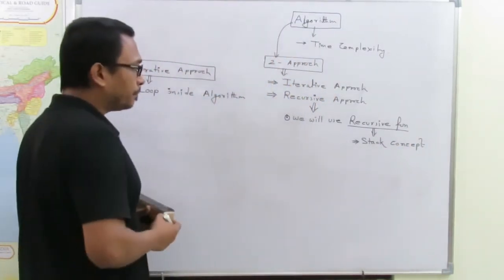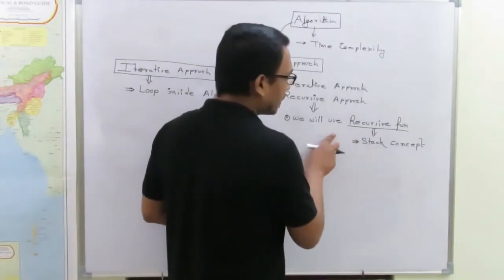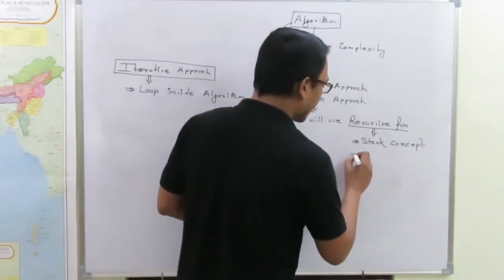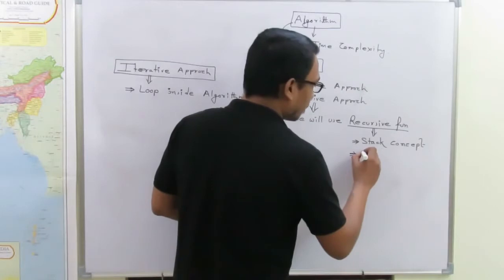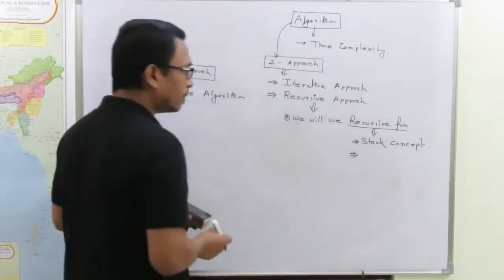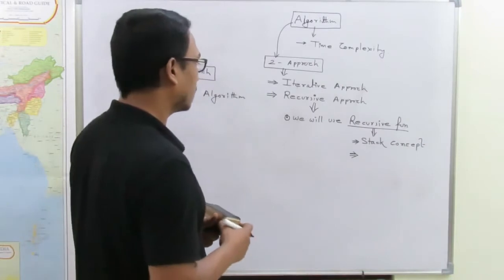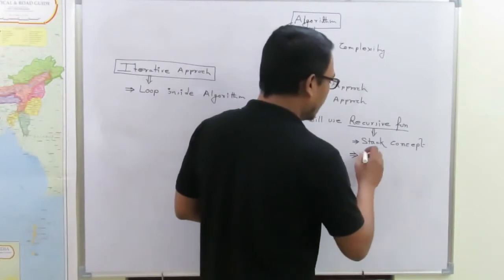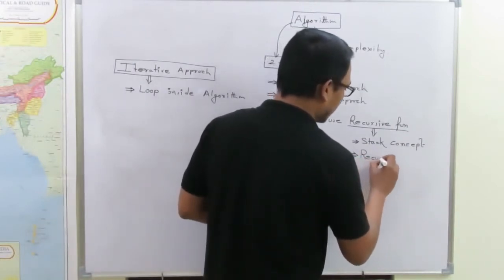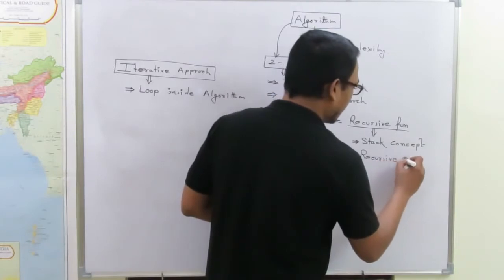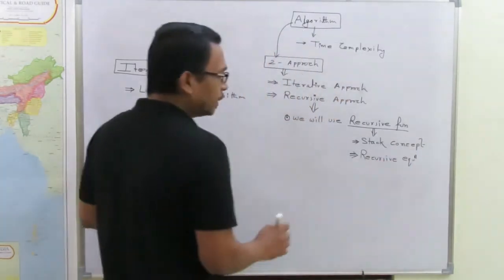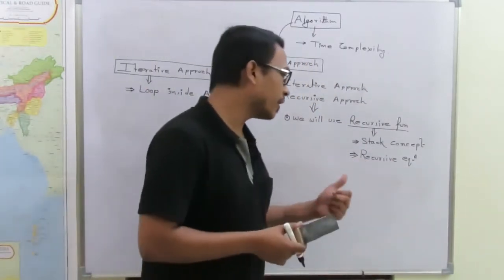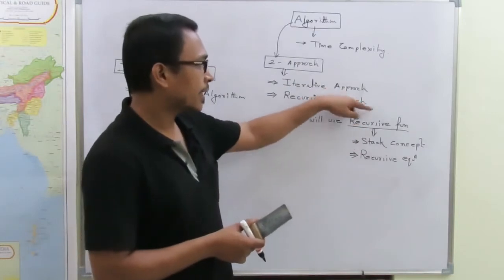Now to find the time complexity in case of a recursive function, we have to find the recursive equation, and based on this recursive equation we will find the time complexity of an algorithm that has a recursive function in it.